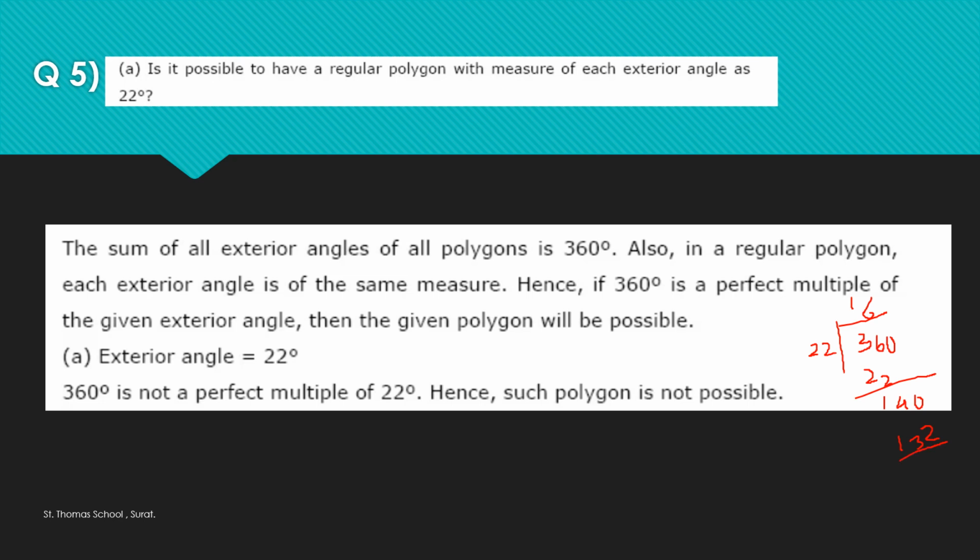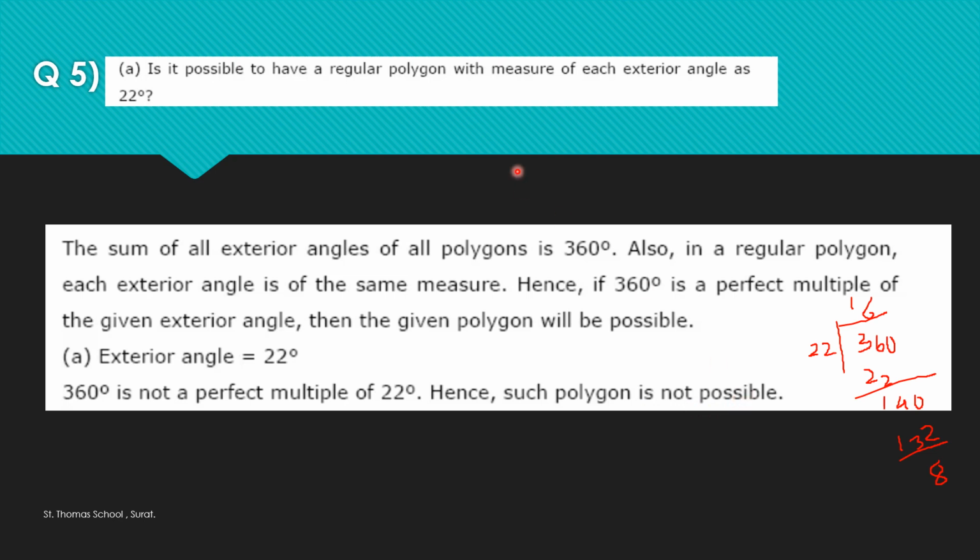Remainder 8. Can we say it is a perfect multiple? No, because the remainder is not 0. So what we can say? 360 is not a perfect multiple of 22. Hence, such a polygon is not possible.